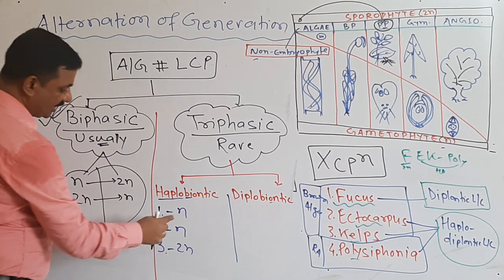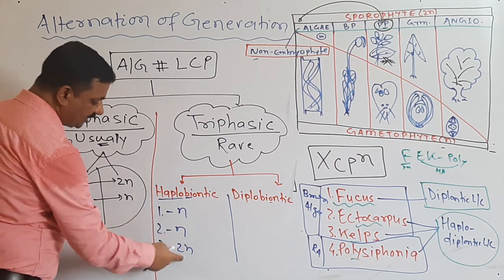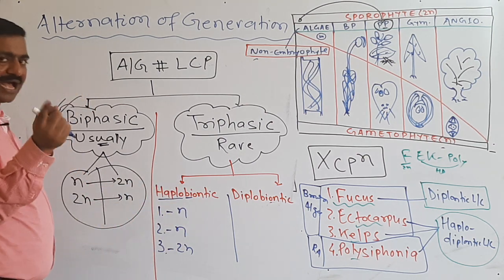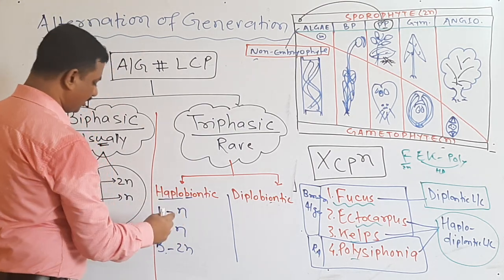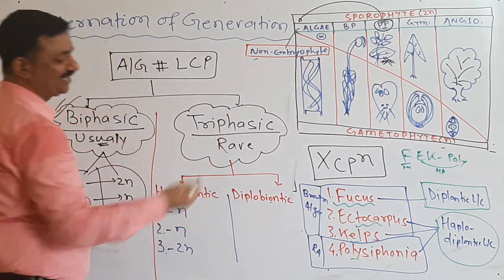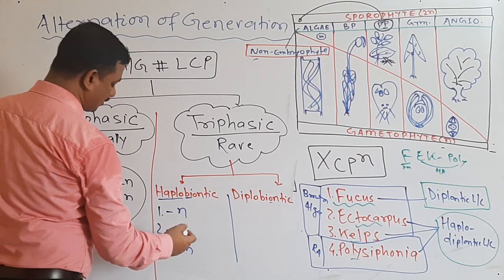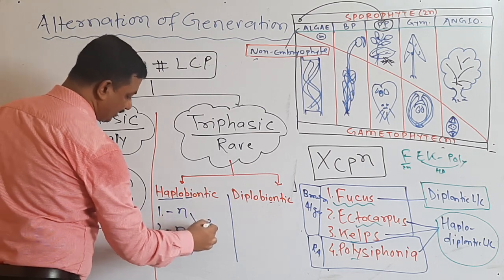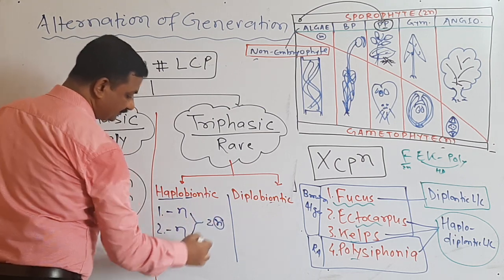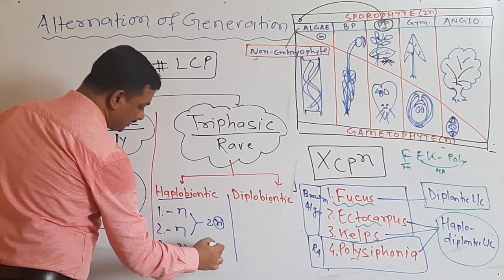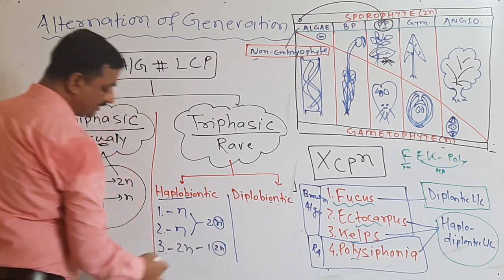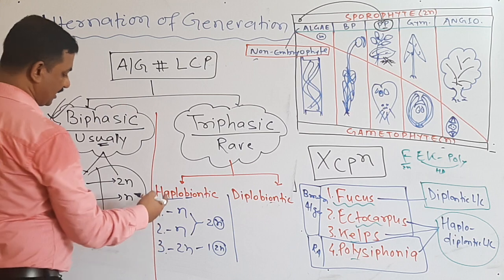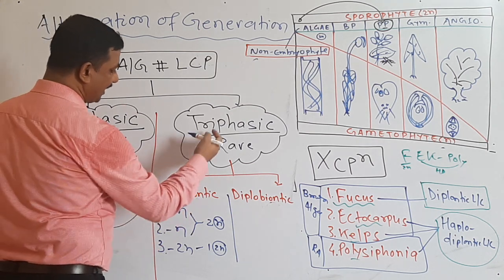So this is called haplobiontic. Two phases are haploid, while one phase is diploid. That's why it's called the haplobiontic life cycle.